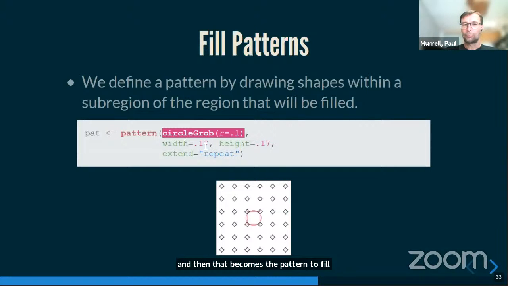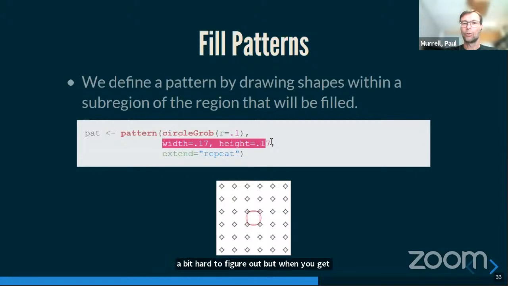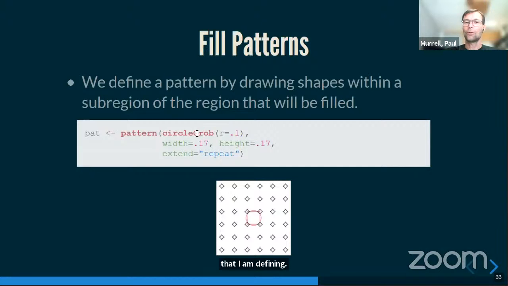Now, this can get sort of a bit hard to think about, but when you draw your pattern, you define how big it is, basically. Okay, so in this case, in my little diagram here, there's a red square, and that's showing how big the pattern is that I'm defining. The circle that I'm drawing as the shape for the pattern is the red circle.